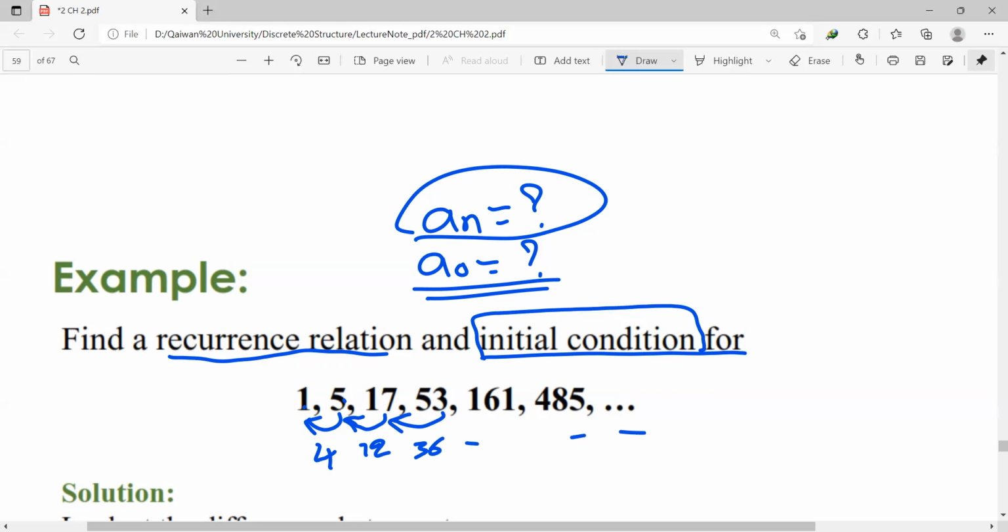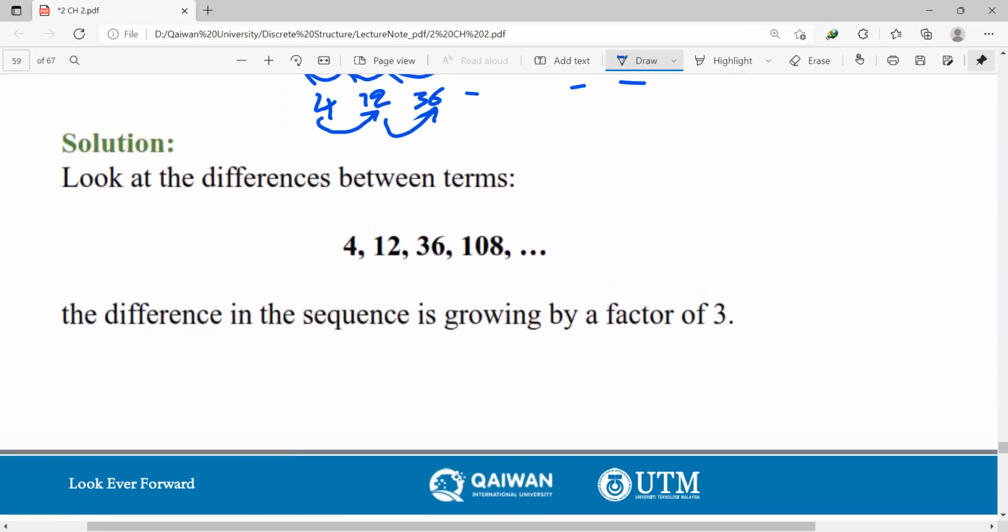As you see, 4 times 3 is 12. Times 3 is 36. That means the difference is going by the factor 3.